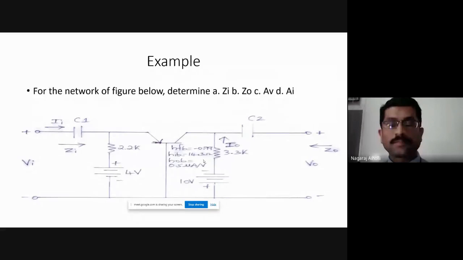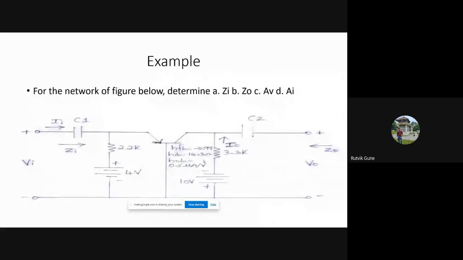Rutvik Gune? Yes, sir. What is the answer? Sir, I'm calculating. Sir, can you explain it once again, sir?